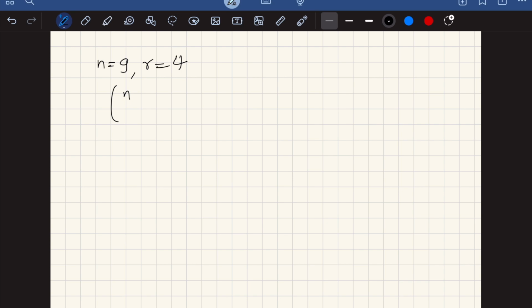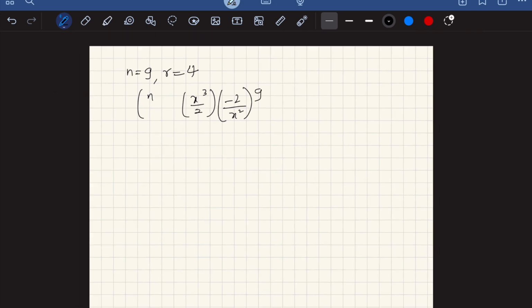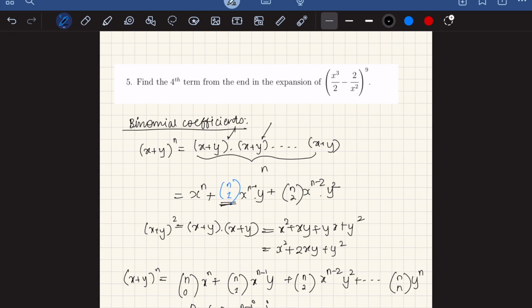So this is x cube by 2 plus minus 2 by x square, to the 9. I hope this is fine. So this is x and this is y for us. So x cube by 2 to the n minus r plus 1 and minus 2 by x square to the r minus 1. Is this fine?